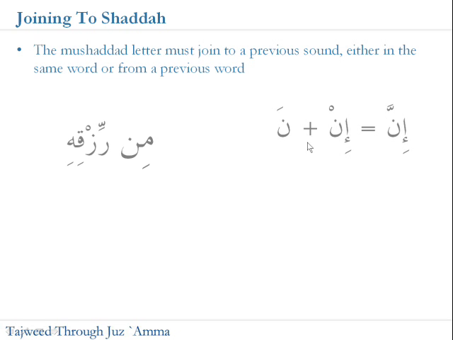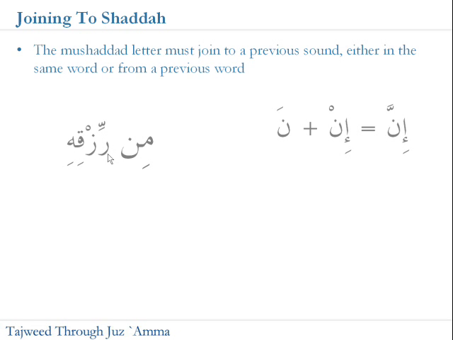Now the next case we've got here is we have min followed by another word which is rizqi. Now there's a certain rule which is taking place here. However, the ra with the shadda and the kasra has within it a ra which is sakin and a ra which is with a kasra.